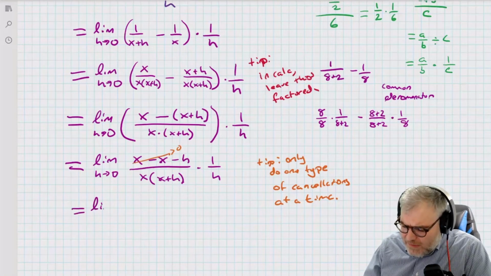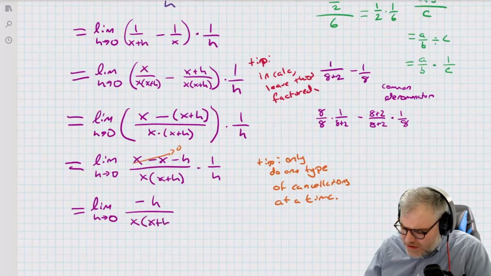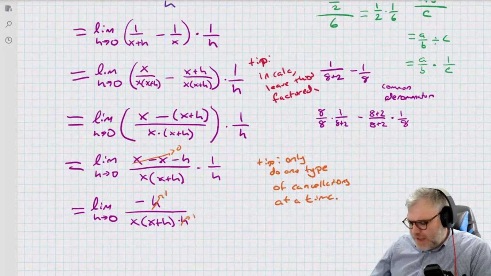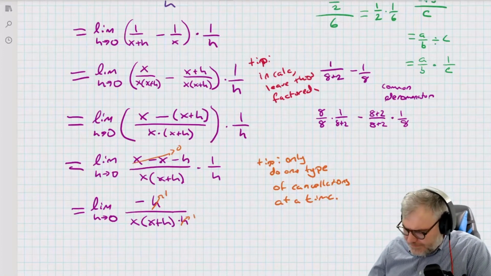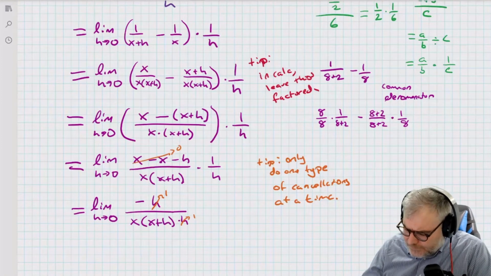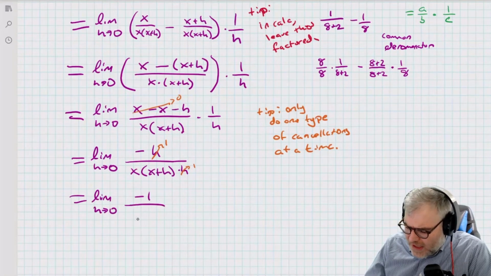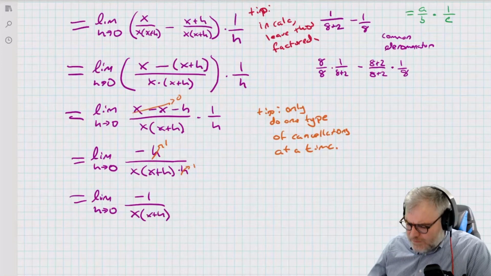So now I have the limit as h goes to 0. I've got on top of here a negative h. On the bottom here, I've got an x times an x plus h times an h. Now I'm going to cancel the h's. Both of those go to 1 because it's a multiplicative canceling. And then I'm going to wind up with the limit as h goes to 0 of negative 1 over x times x plus h.